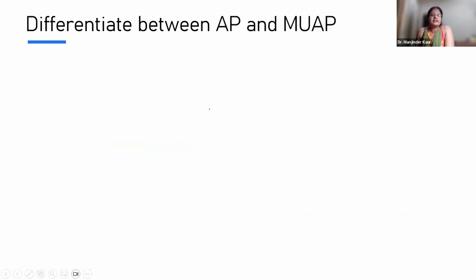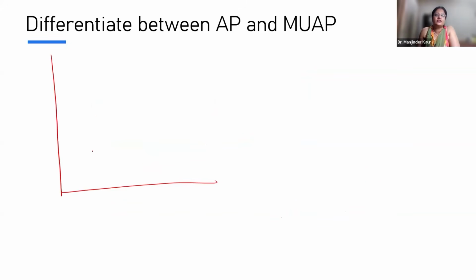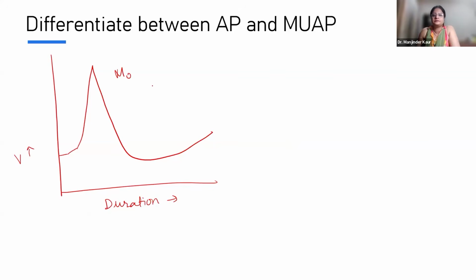So if I tell you to differentiate between the motor unit action potential and the muscle action potential, we have the duration here. We have the voltage here, now this is for the motor end plate potential or the skeletal muscle action potential.